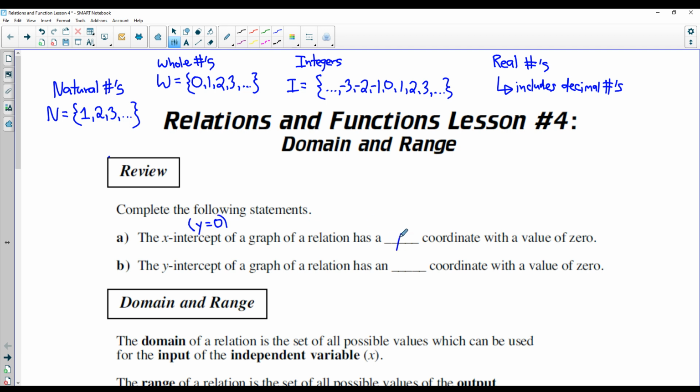Your y-intercepts have all x-coordinates of 0. So the y-intercept of a graph, a relation, has an x-coordinate with a value of 0.